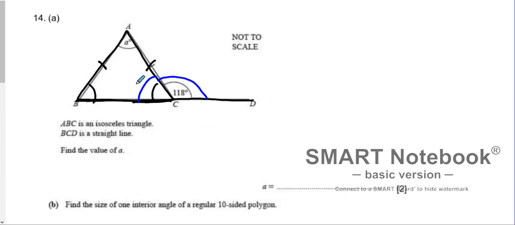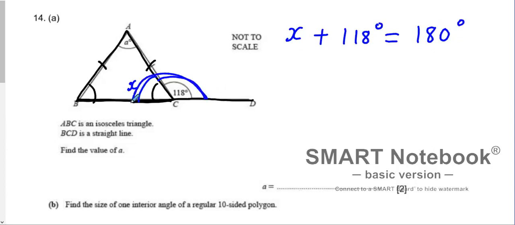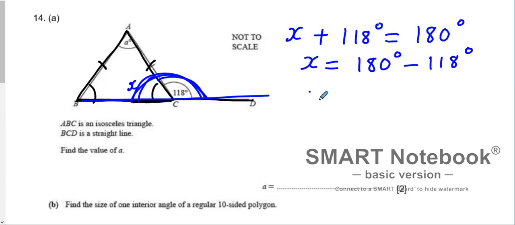Suppose this angle is, say, X. So X plus 118 degrees will be equal to 180. Angles on a straight line add up to 180 degrees. So X in that case will be equal to 180 degrees minus 118 degrees, and this will give you somewhere around 62 degrees.